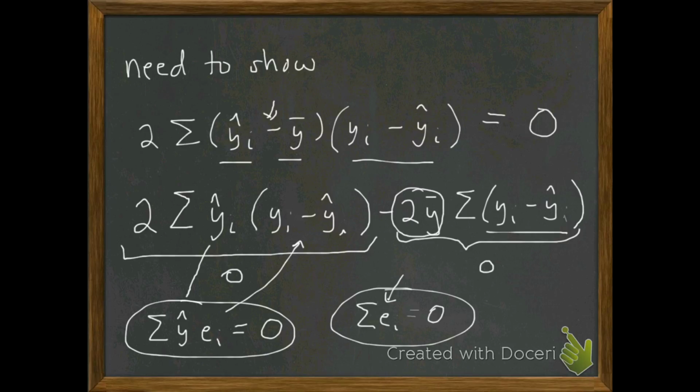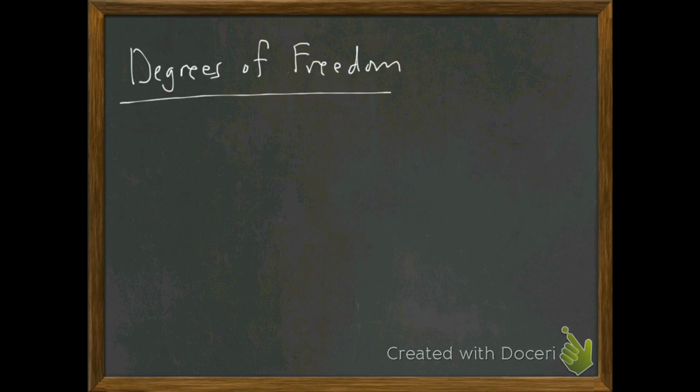All right, guys, I want to change our focus to degrees of freedom. It turns out that some pretty cool things happen with degrees of freedom. First cool thing is that degrees of freedom are additive.